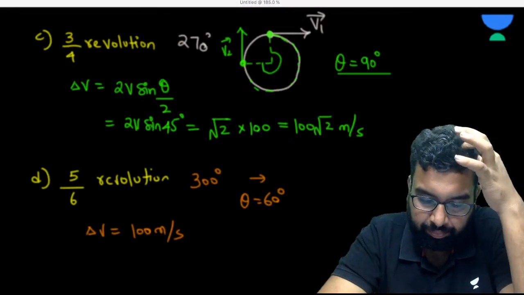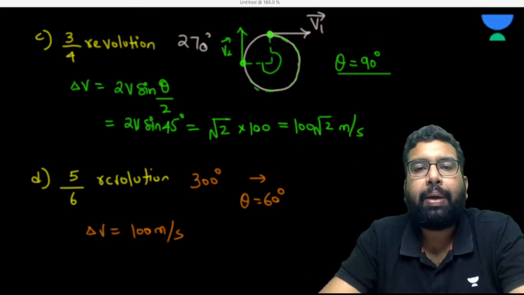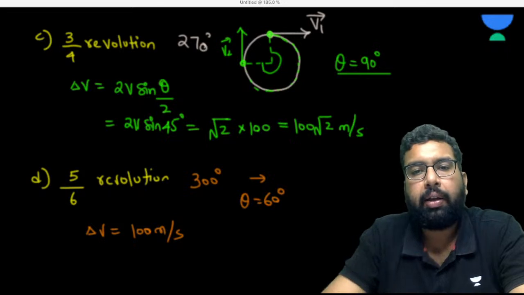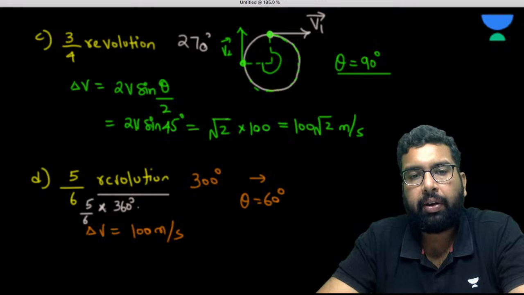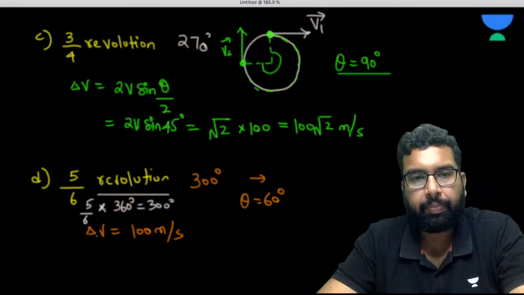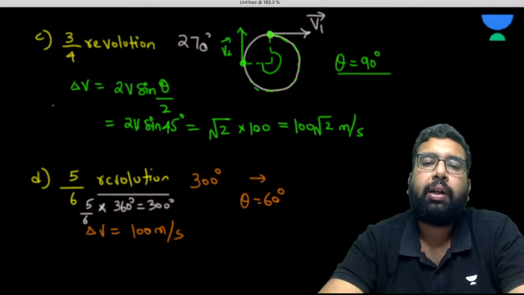300 degrees. So 5 by 6 into 360. One revolution means something has rotated by 360 degrees. So 5 by 6 of this 360 is going to be 300. How do I get 270 here? 3 by 4 of 360 is 270.